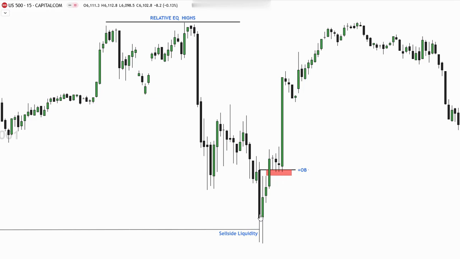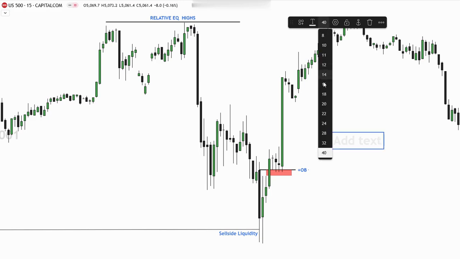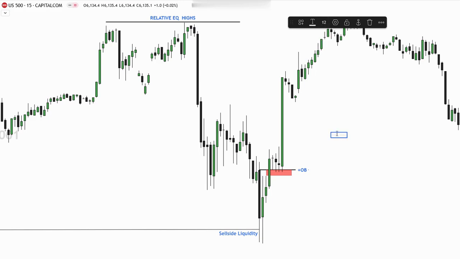So this is a reversal order block, and getting in, buying from there, stop loss below the candle with the FVG, or below 50% of this order block, or down here where we have the swing low. So those are the three areas where you can place your stop loss if you want to be a bit safe.